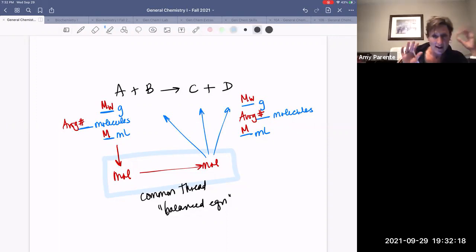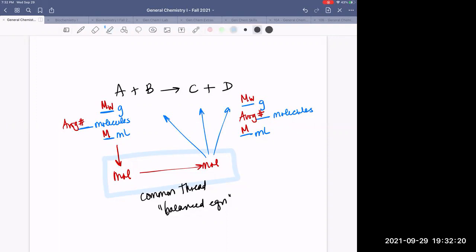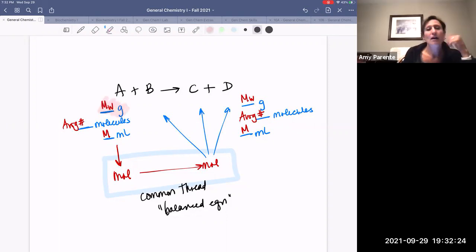Right. And so you guys know your quiz on Friday: you're going to be given a mass, use molecular weight to get to moles, use your balanced chemical equation to change who you're talking about, and then use molecular weight again to get to grams. Okay. I want to know on Friday that you can do basic stoichiometry.